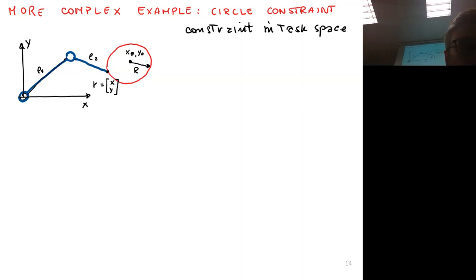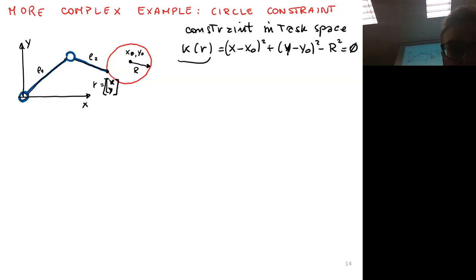This is a 2 degrees of freedom robot, and the geometric constraint function of r, with X and Y components, is a circle of center X0 and Y0 and radius R. So this is the equation of a circle, and this is the expression of the constraint equal to 0 in the task space.